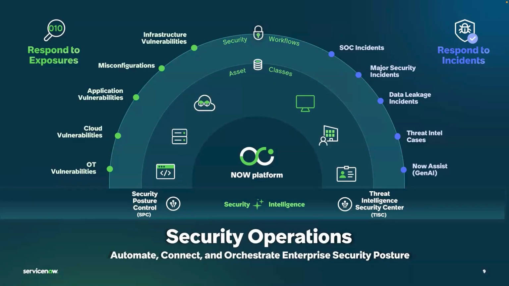With vulnerability response, we have different flavors of vulnerabilities there. So your host and infrastructure, of course, your application, your cloud and container vulnerabilities, as well as operational technology vulnerabilities. And then with configuration compliance integrated there, you have the ability to also detect and remediate misconfigurations in your environment, which can be other types of exposures.